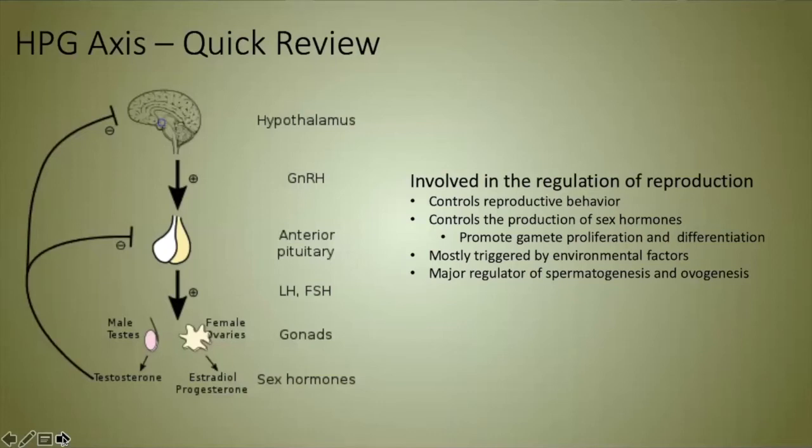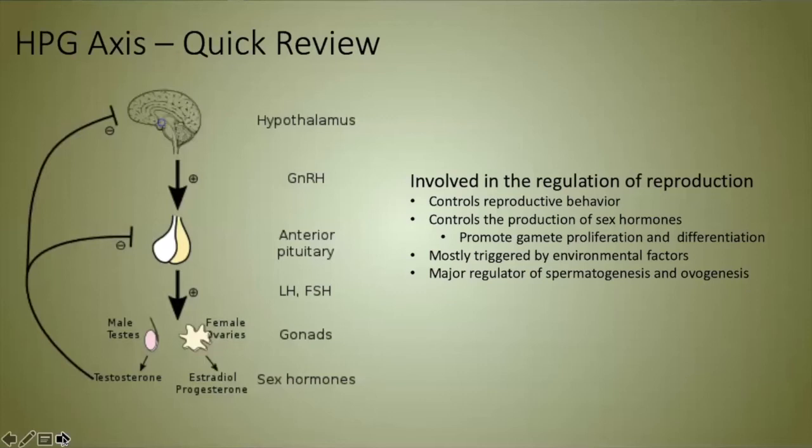We know that Anuran reproductive control is under the hypothalamic-pituitary-gonadal axis, known as the HPG axis. Basically, this is involved in the regulation of reproduction, and controls reproductive behavior and the production of sex hormones. Sex hormones promote gamete proliferation and differentiation. And this axis is mostly triggered by environmental factors, and it's a major regulator of spermatogenesis and oogenesis.